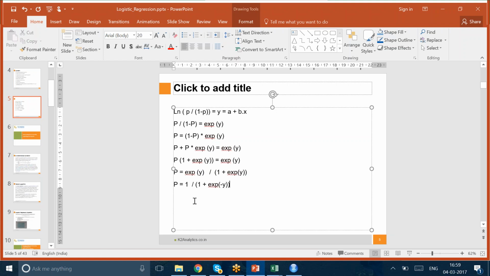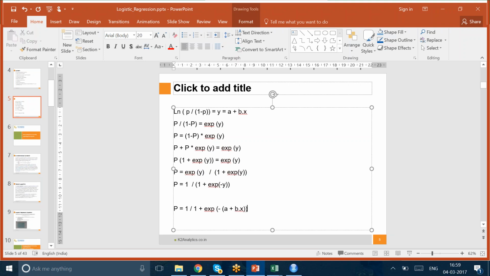So this p can now be written as 1 divided by 1 plus exponential of minus bracket a plus b dot x.